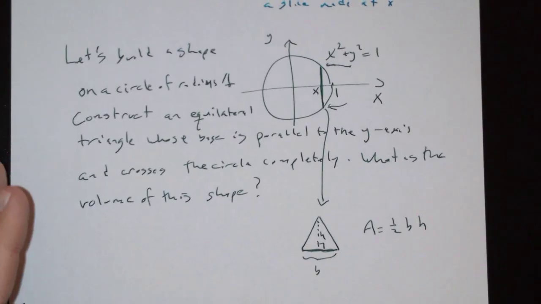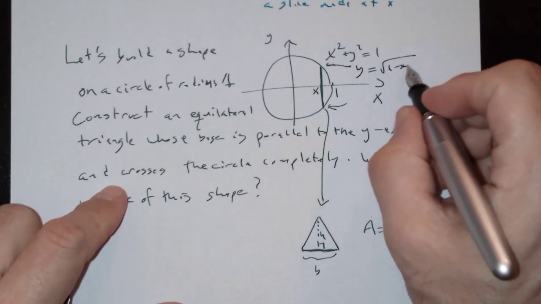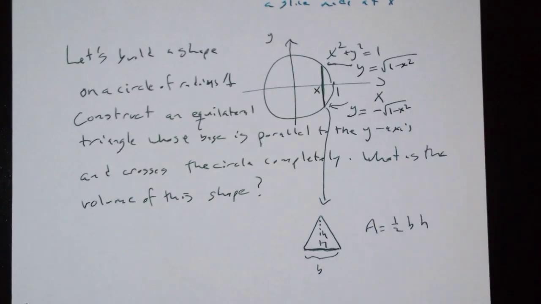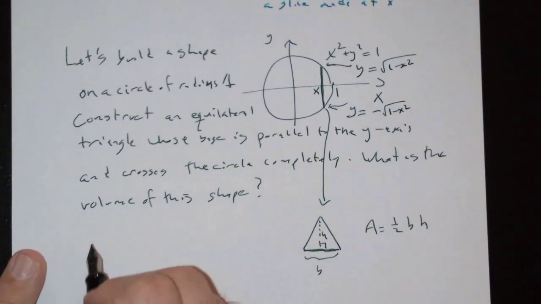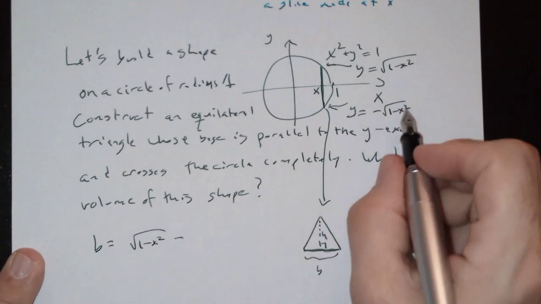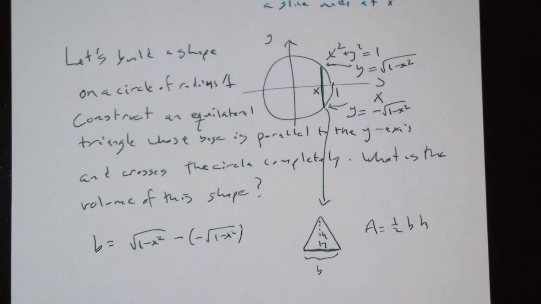Plus or minus the square root of 4 minus x squared. So which is the plus part and which is the minus part? And I'm going from the top to the bottom. So the base is the top minus the bottom. Yes? Here's the best part. That just becomes addition, and I get two of them.